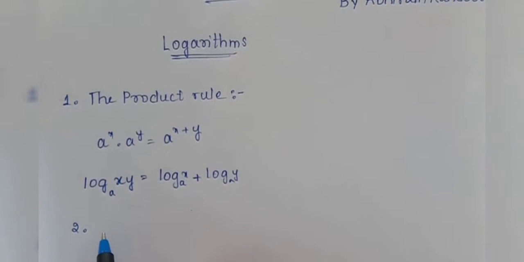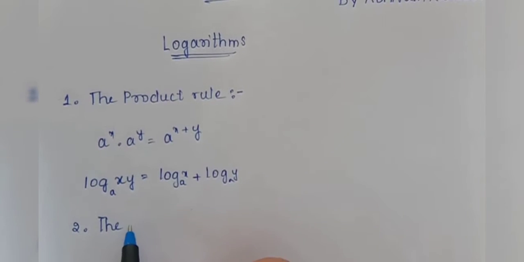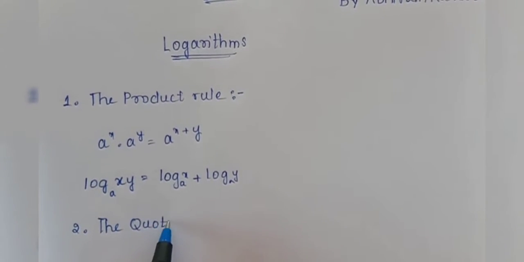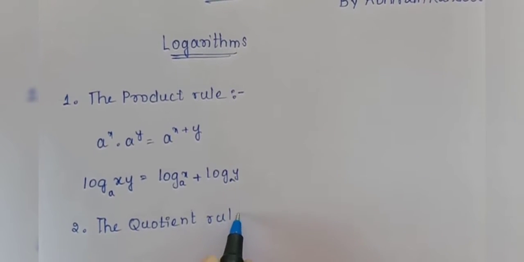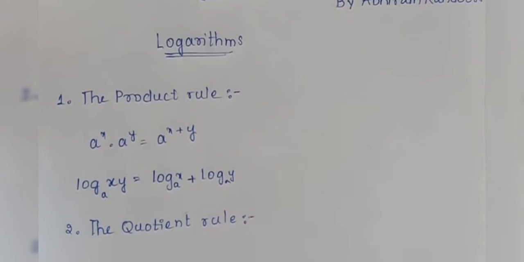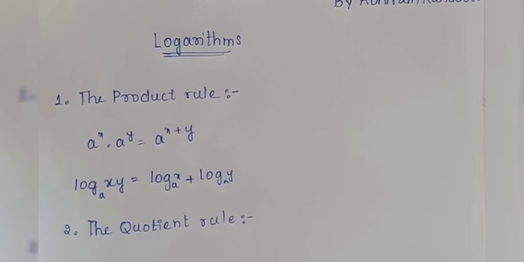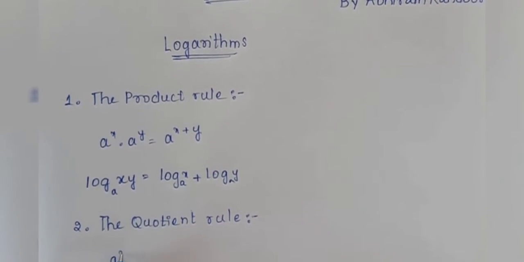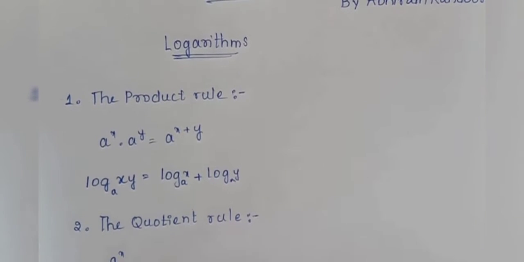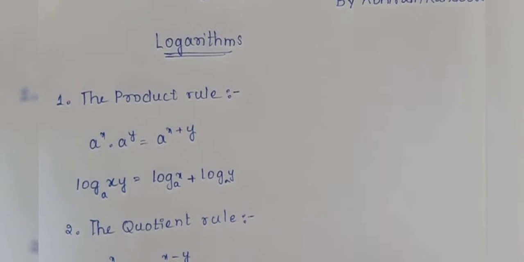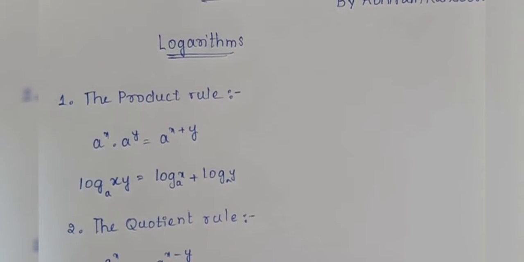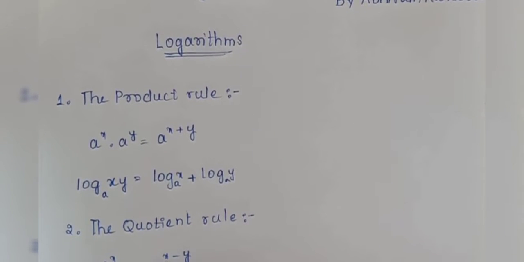The second one is the quotient rule. When we divide with the same base, we subtract exponents. That is, a power x by a power y is equal to a power x minus y. I repeat that when we divide with the same base, we subtract the exponents.